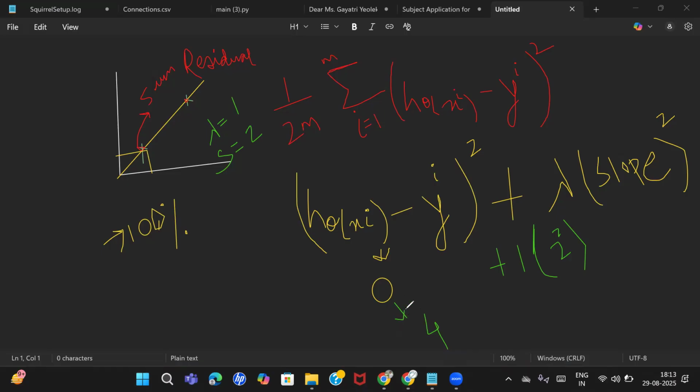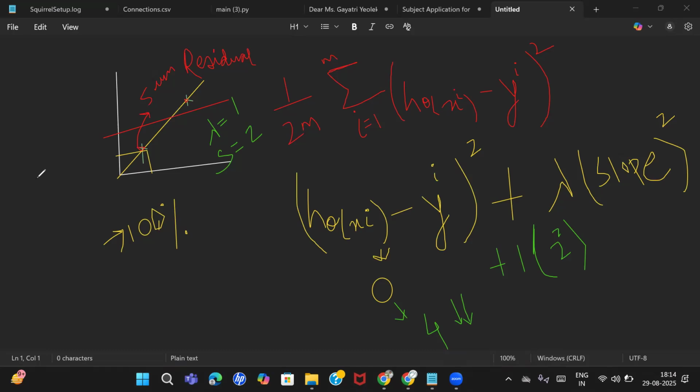And at the end, you have to reduce this value, right? So, for example, let's take another best fit line, and suppose this line is this. Another best fit line is there, right?